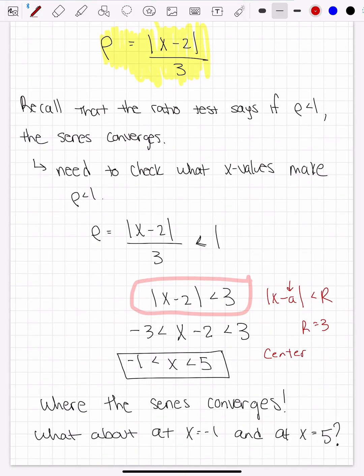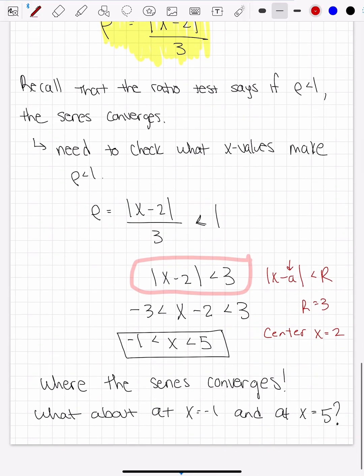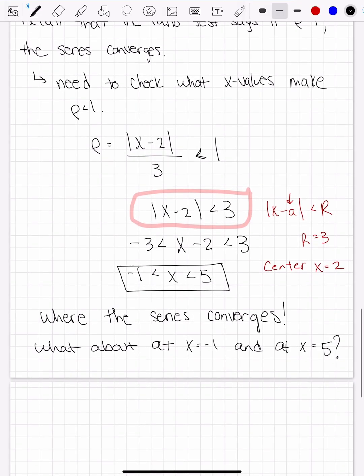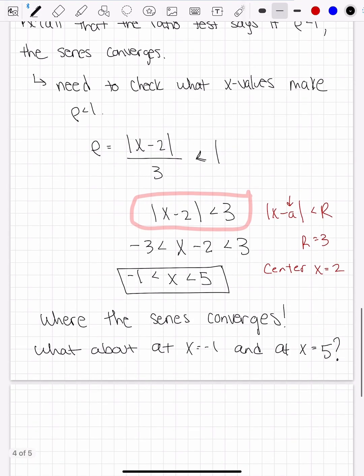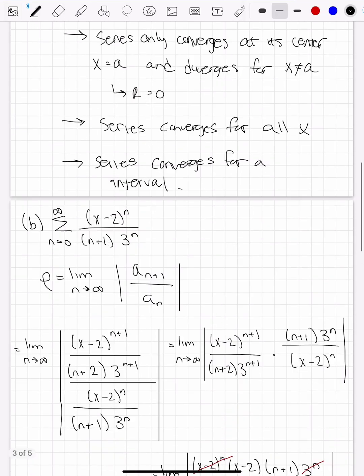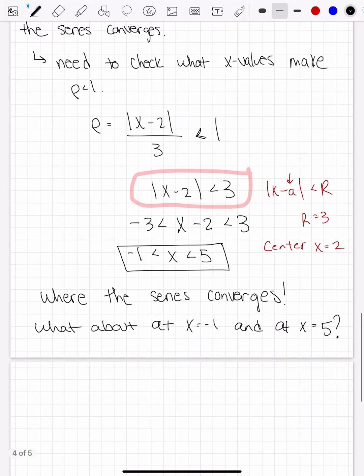So the center is x equals 2. Okay, so now we just have to check those endpoints. So basically what we do is, so basically why is this happening?